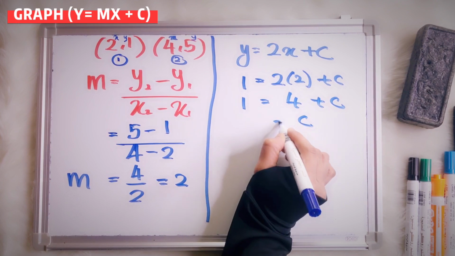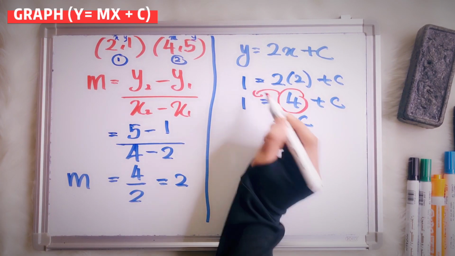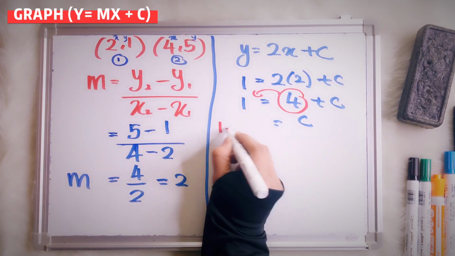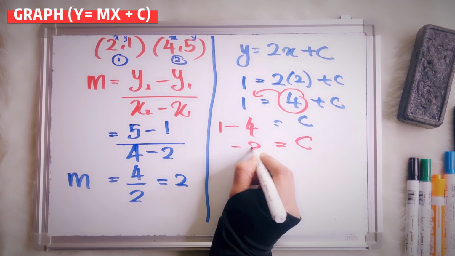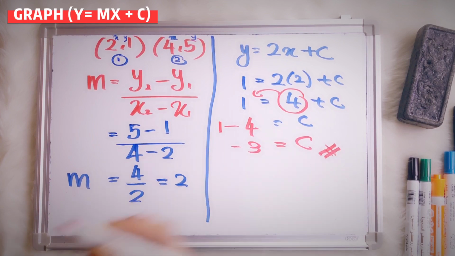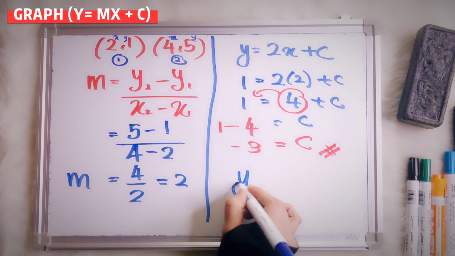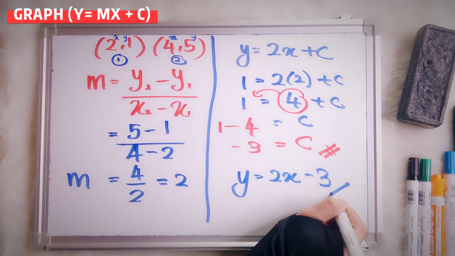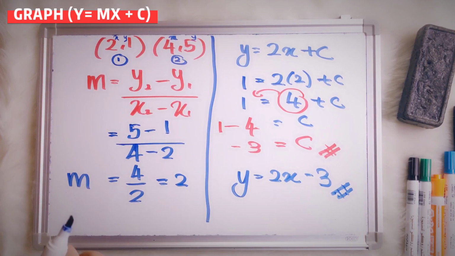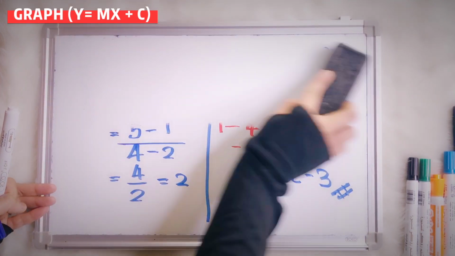This is a positive 4, the opposite of positive is negative. So 1 minus 4 equals c. So definitely your c is negative 3. Now substitute inside the equation: y equals 2x minus 3. Simple, right?